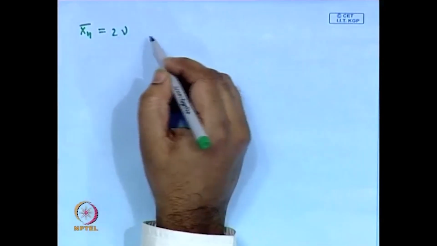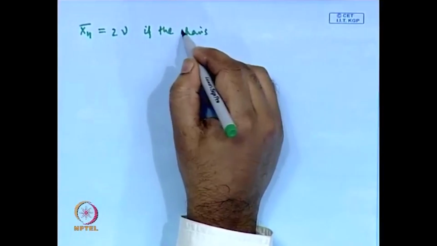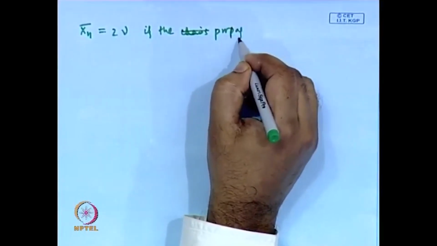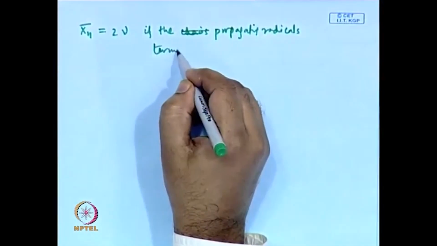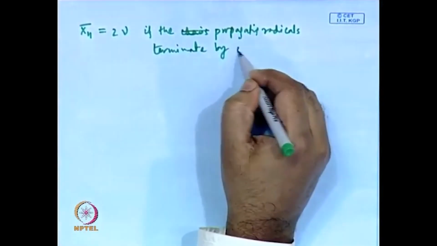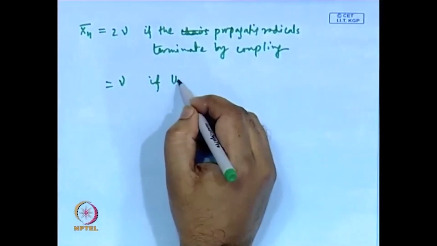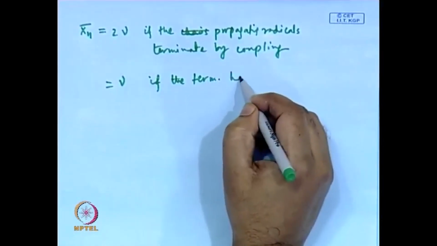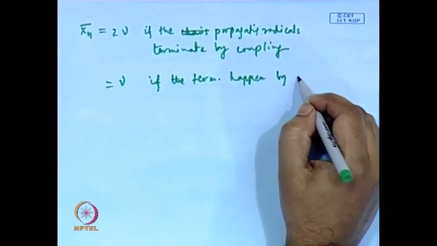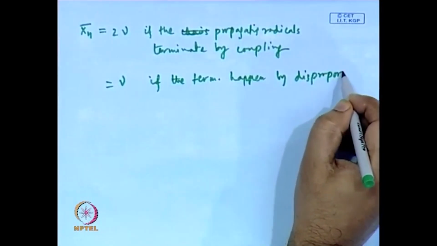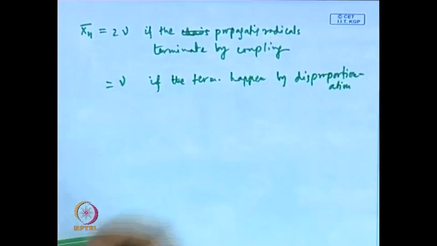It is twice nu if the propagating radicals terminate by coupling, and it equals nu if the termination happens by disproportionation. Now, I hope you can get this.